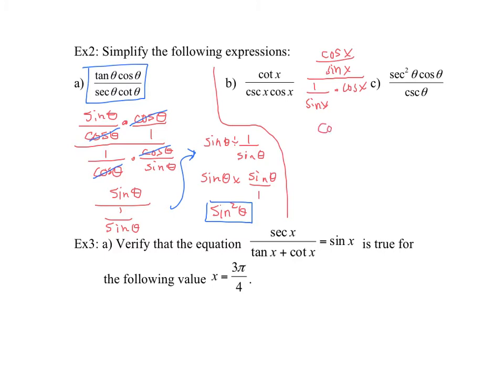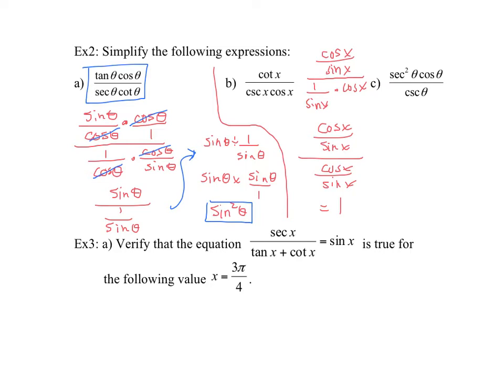So I'm going to have cos x over sine x on the numerator, divided by cos x over sine x on the denominator. Notice that the numerator and the denominator are the exact same. Therefore, this is equal to 1 when you're all simplified out.